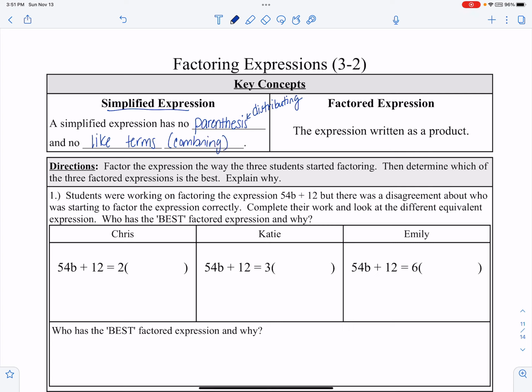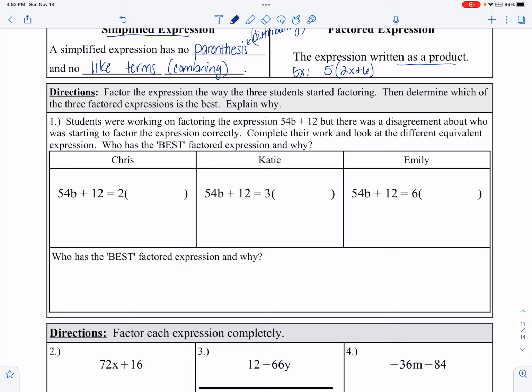All right. A factored expression is going to be an expression written as a product. So we mean 5 times, and then we have the parentheses. So this is a factored expression. Here's just an example. Now what we're doing here is we have 3 kids, Chris, Katie, and Emily.